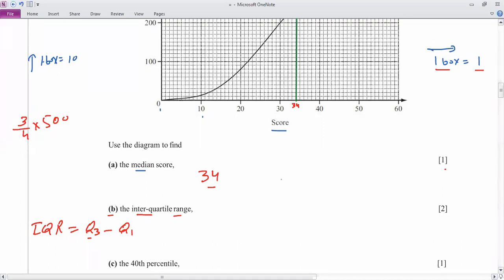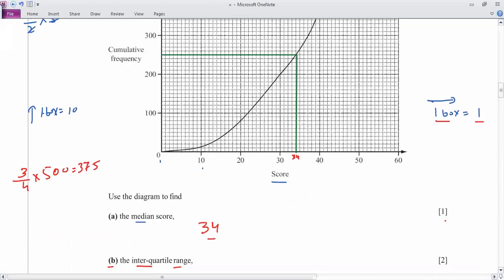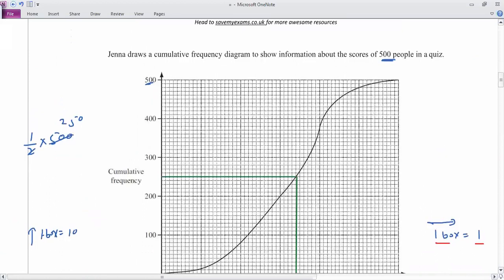What is 3 over 4 of 500, please? 375? It means for your Q3, you will go to 375. This is 300, 310, 320, 330, 340, 350, 360, 370, and here will be 375.